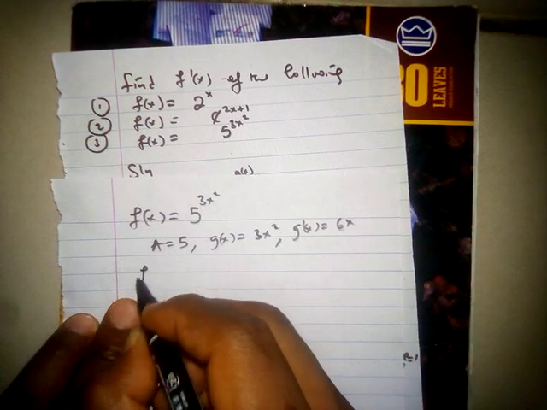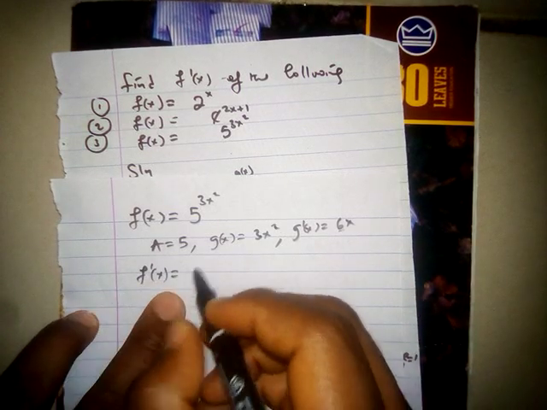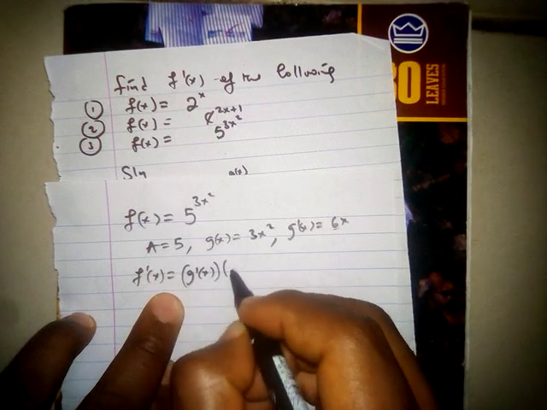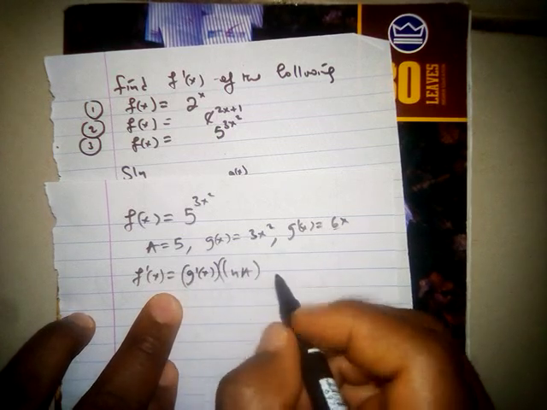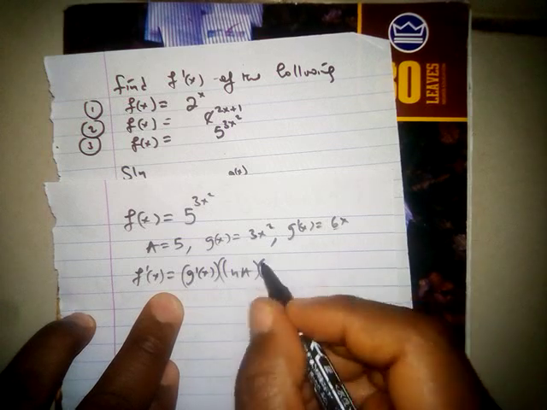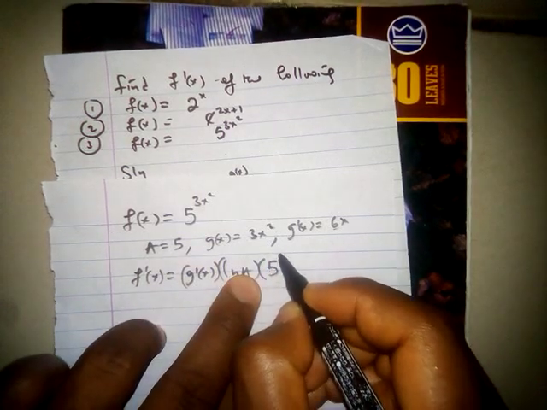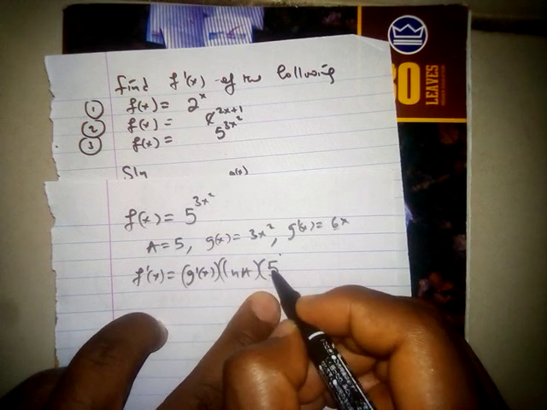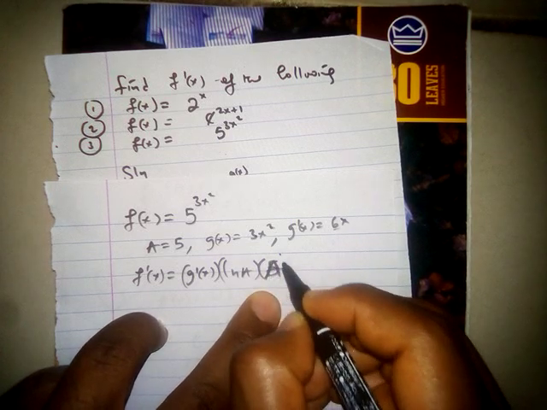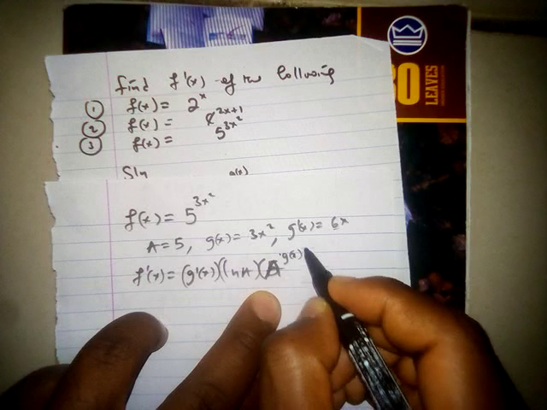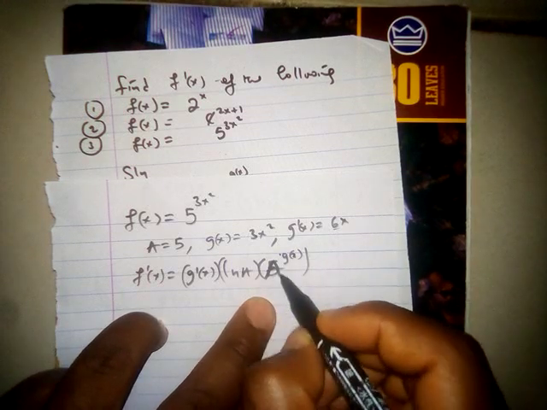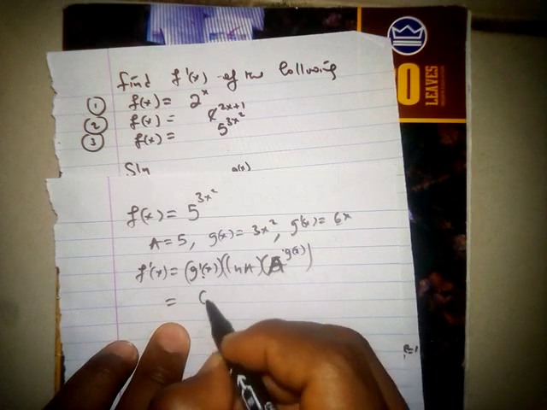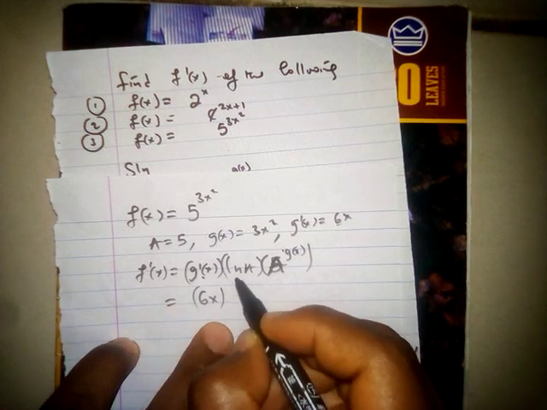Now, using our formula, f prime of x is equal to g prime of x times ln a times the original function, a raised to the power of g of x. I'll put it in general form, sorry, that was a mistake. So what is my g prime of x? My g prime of x is 6x times, what is my ln a?